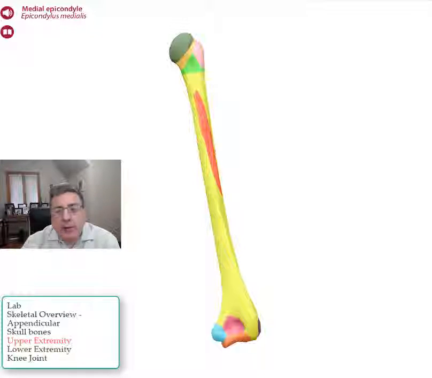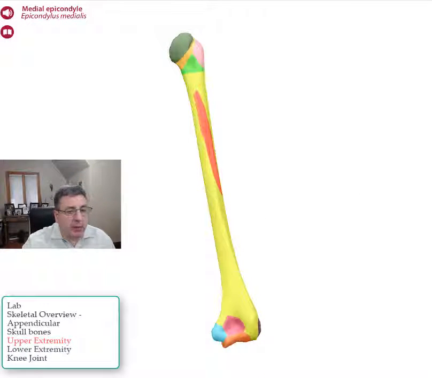Medial epicondyle is the attachment site for the pronator teres, and the common tendon for the flexor muscles, not the extensor, flexor muscles. Don't get that mistaken on this one.